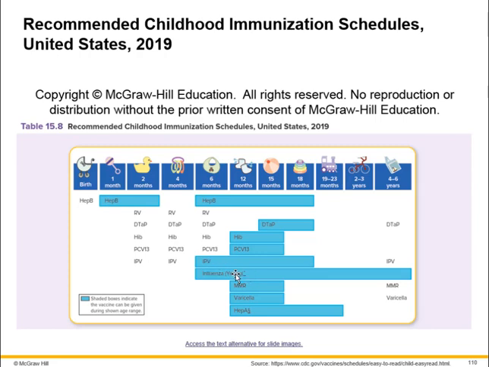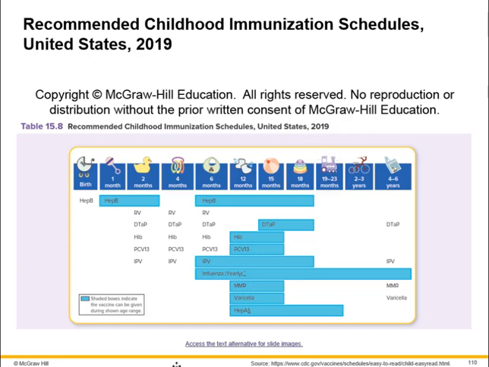The influenza needs to be done yearly, MMR, varicella, which is chickenpox, and hepatitis A. They've made a lot of these in combinations, like there's a quad vaccine that they're giving that has several of these things. I think it's MMR and varicella or something like that. So these are some of the typical ones as of 2019.